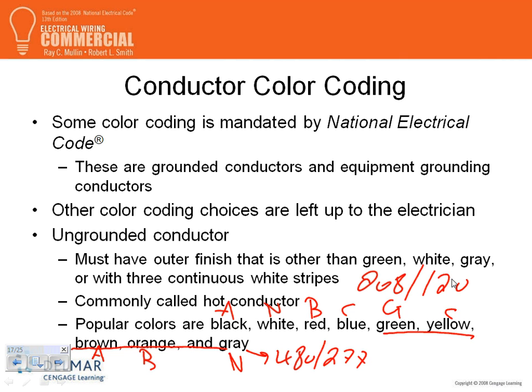Does that mean all these colors, black, white, red, blue, green, yellow, are for one system? How do you know to identify what type of system it is? Okay, so black, white, red, blue, this is the 208 system.